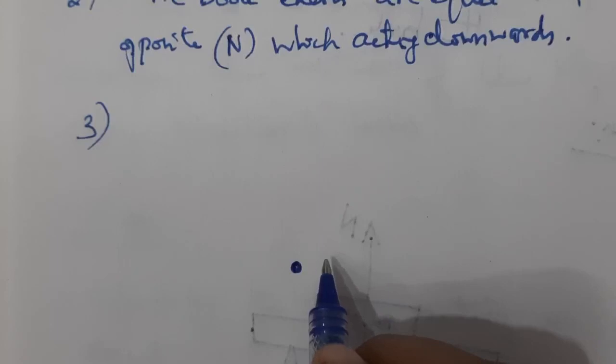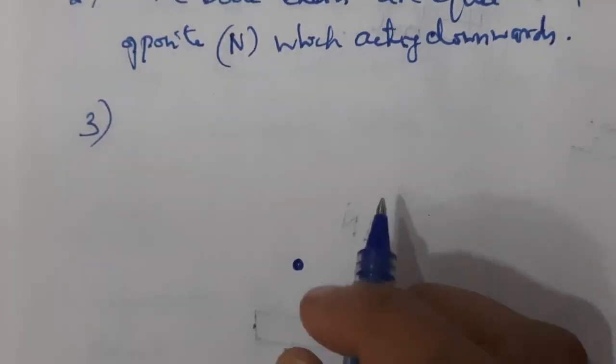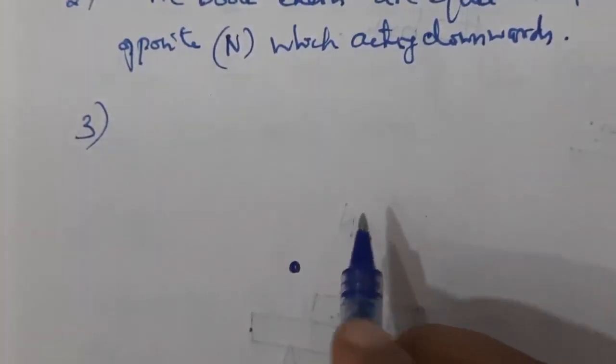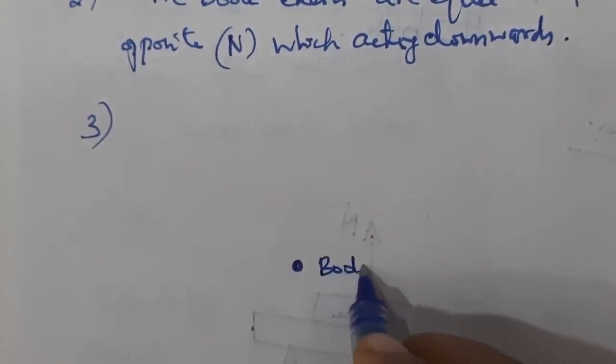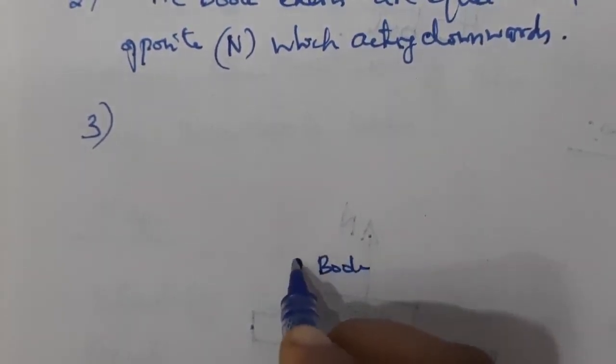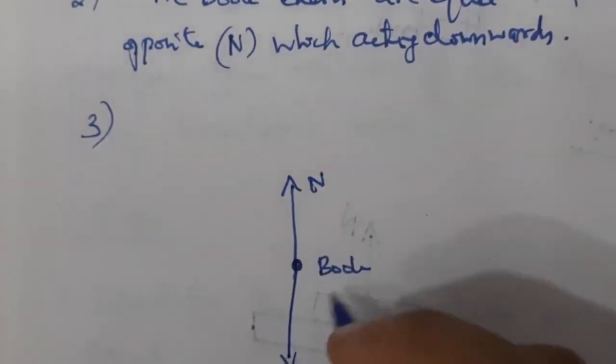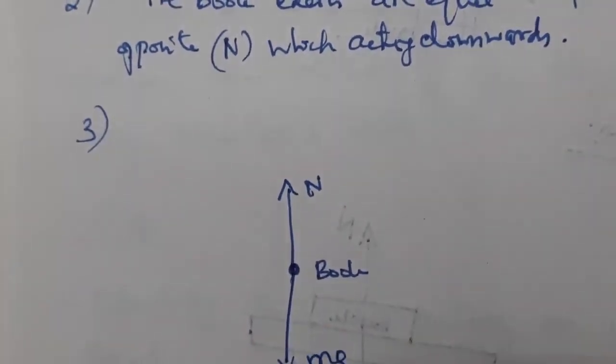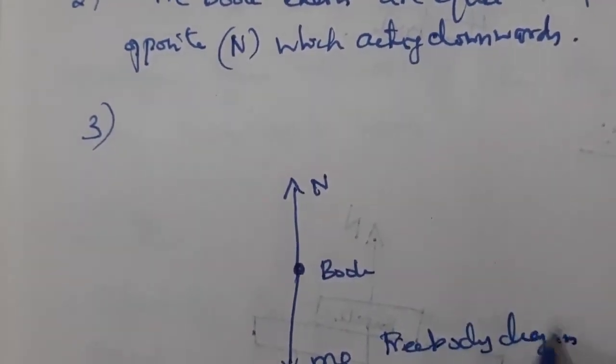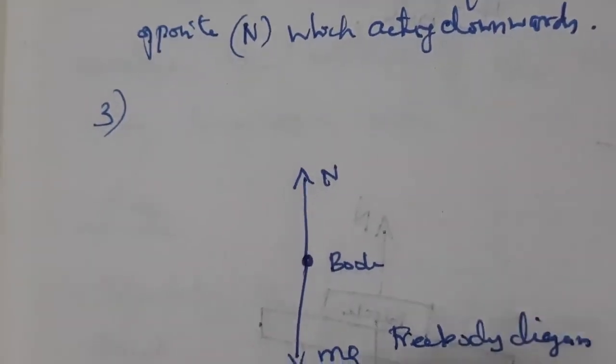Third, draw the vectors representing the forces acting on the object. So this is the book, this is the normal force and this is the gravitational force. So this is the free body diagram.